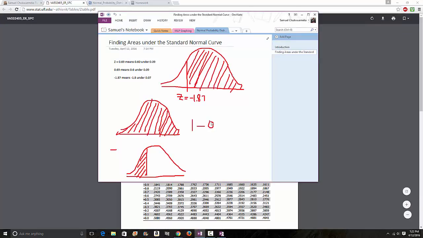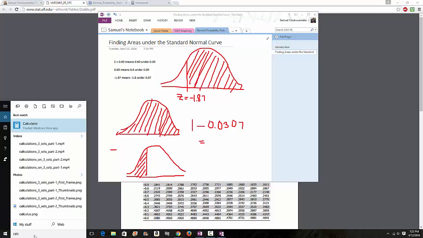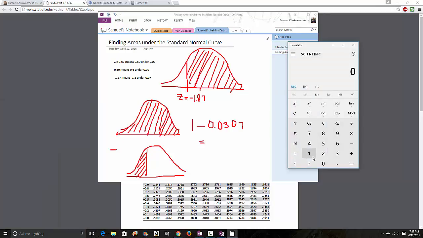So this will be 0.0307. Now let me be fast on this, because we have a lot of questions to do. So I'm going to pull up this calculator. 1 minus 0.0307 gives us 0.9693.